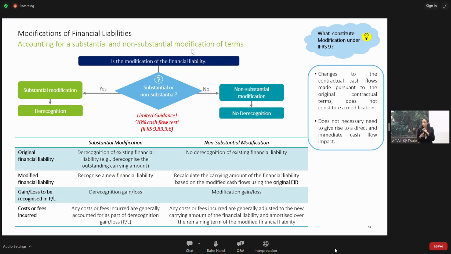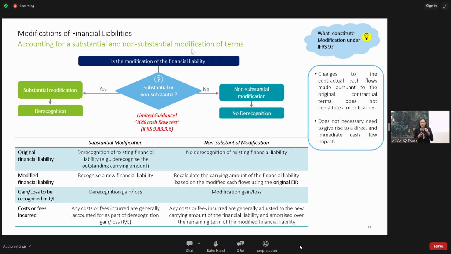So for instance, if we have a clause like due to disaster, say arising from war, that you need to pay immediately, and it was in the original contract. So in times of peace, we would have computed our liability as an X amount. Then war happened and the cash flow now has to change. That is not modification. Why? Because my original contract already has this clause that says you need to do so.